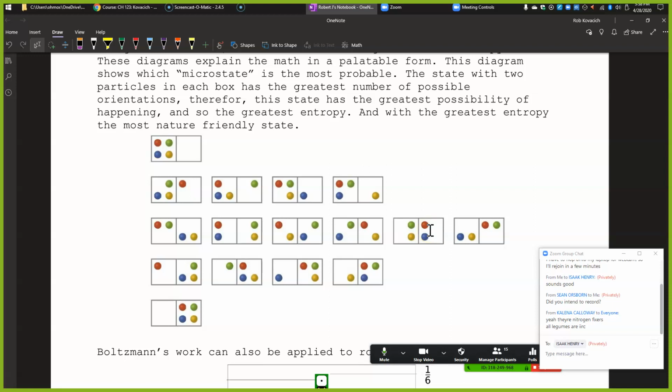Which of these things is most likely to happen? All of the different particles on the same side? Or is it more likely that it's evenly distributed? Evenly distributed. So you can look at all the different possibilities for even distribution. Those are the different positions possible.